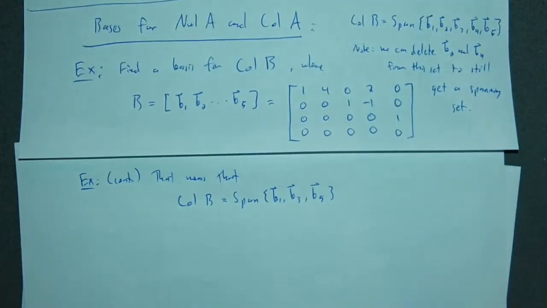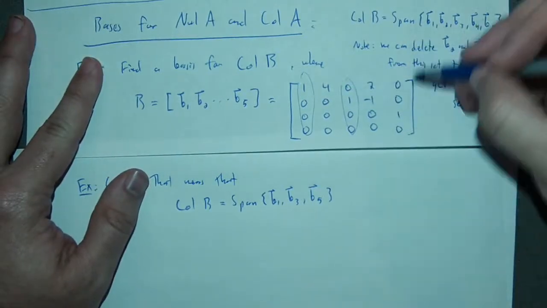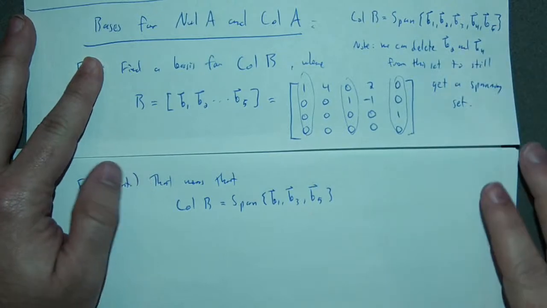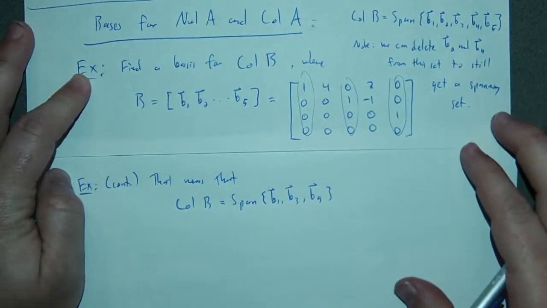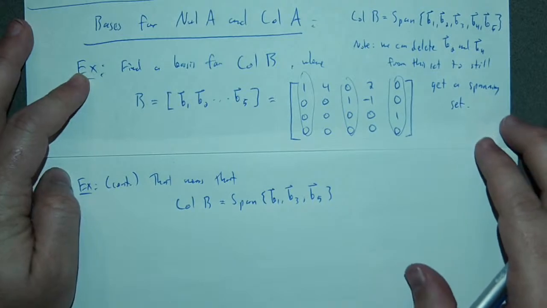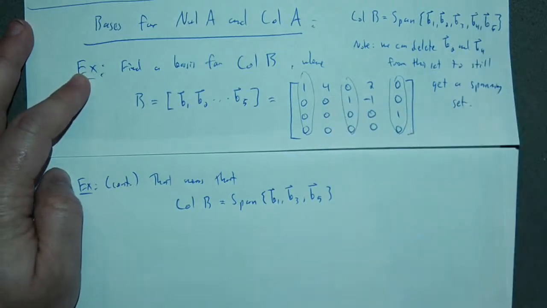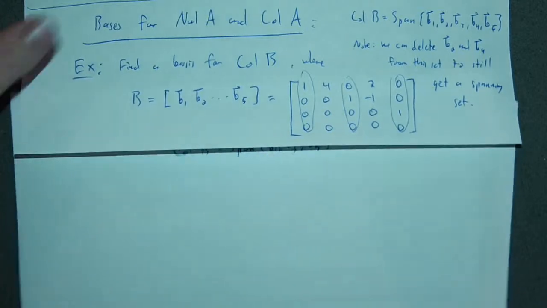So here's B1, here's B3, and here's B5. Are those linearly independent? Well, yes, they are, right? These are linearly independent. And so after discarding those, I get a set that is linearly independent.